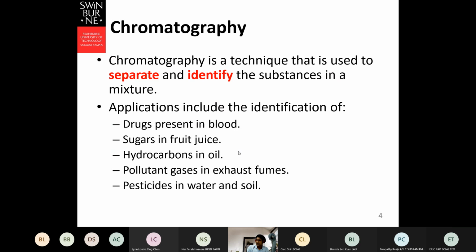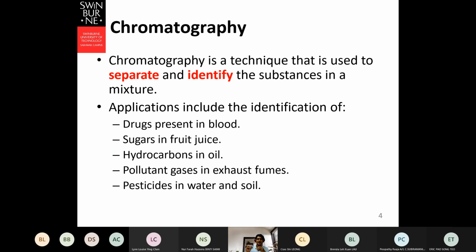So this is a technique by which we separate different components from a mixture. Like a drink, a Ribena, a soft drink, Coca-Cola, tea, or a lemon juice you are having, or ink, or anything.